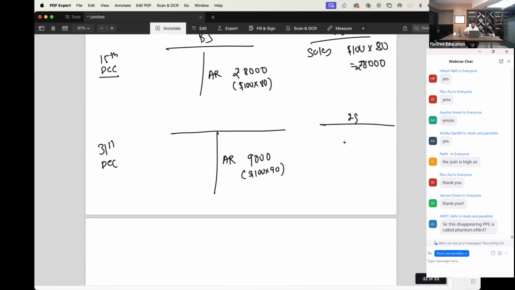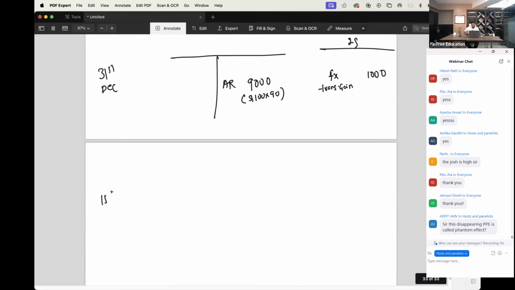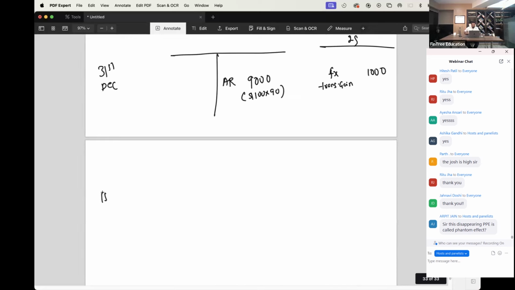So income statement, FX, look at the word transaction gain, not translation gain. It's a transaction. So FX transaction gain, how much? 1,000. Okay. Then when were we closing? 10th of January. 10th of January, your accounts receivable opening is 9,000.